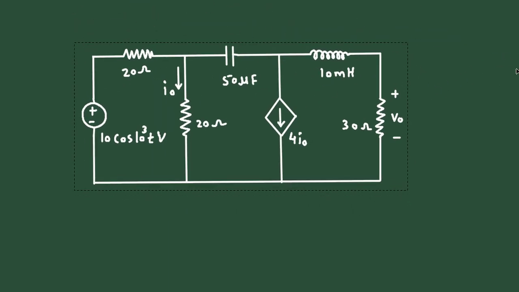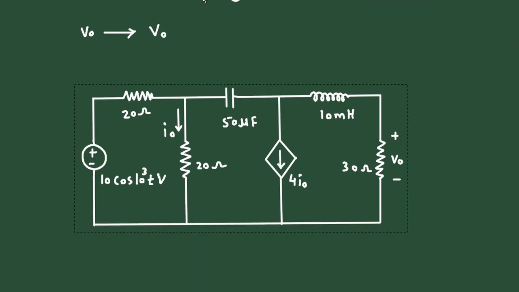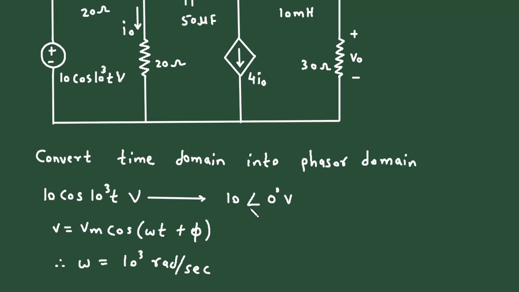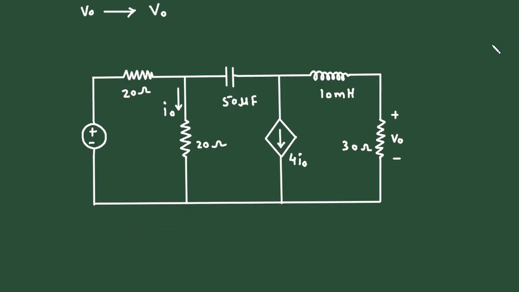Now we can change these values. So here this 10 cos 10 to the power 3t will change to 10 at an angle 0 degree volt. This 20 ohm and 20 ohm will remain same.